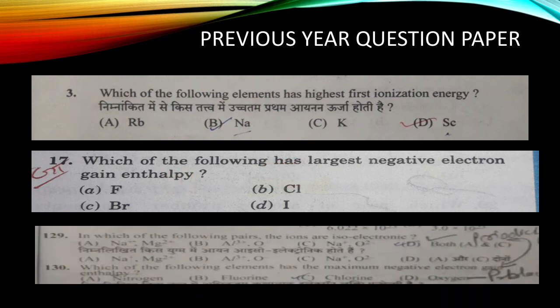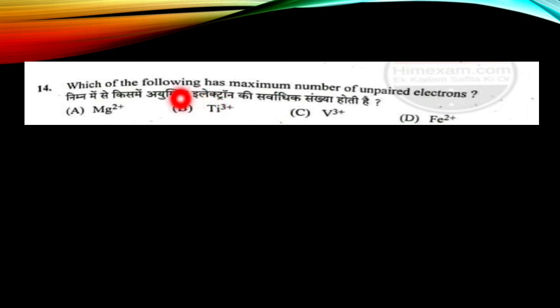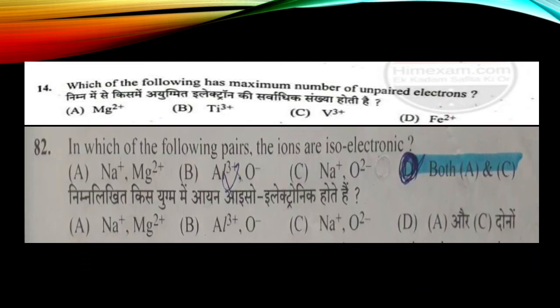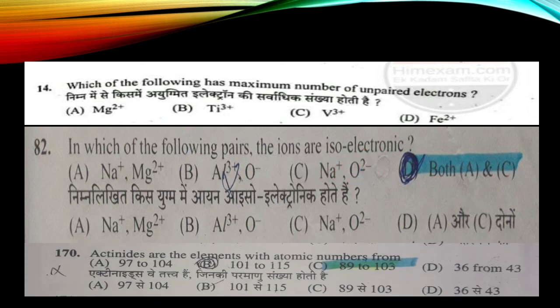Next one is related to isoelectronic series, and it may be given in the form of maximum number of electrons also. The same is the case here: find the maximum number of unpaired electrons, so we need to calculate unpaired electrons in this case. Next we have isoelectronic series, how to find out which two are isoelectronic, and the last one is related to direct atomic numbers, like actinides are the elements with atomic number.